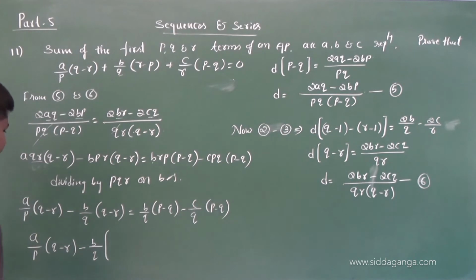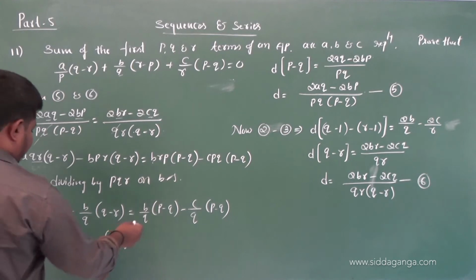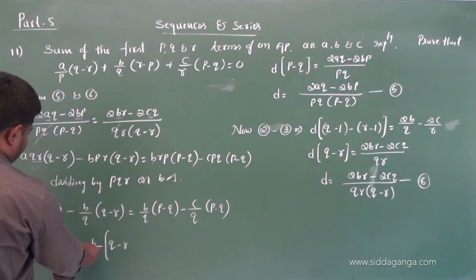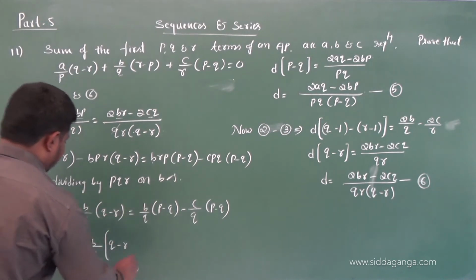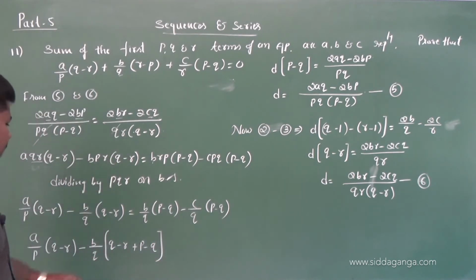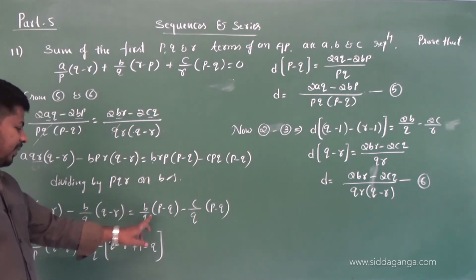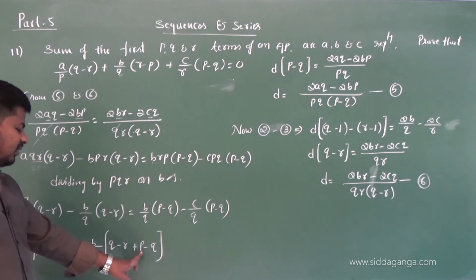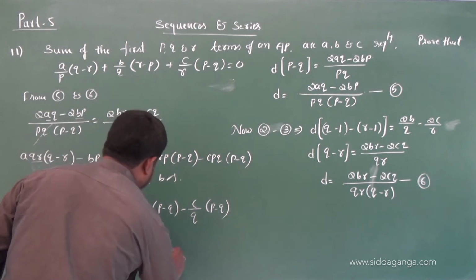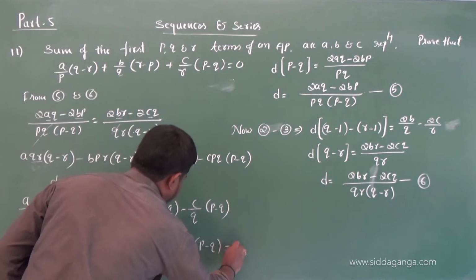So here I am taking B by Q outside, and taking this to the left side becomes minus B by Q. So minus B by Q taken outside, so remaining is plus P minus Q. Plus into minus, you get again minus. Plus C by Q into P minus Q equal to 0.